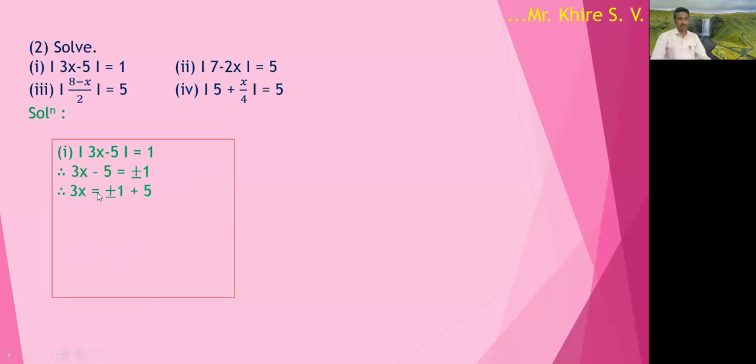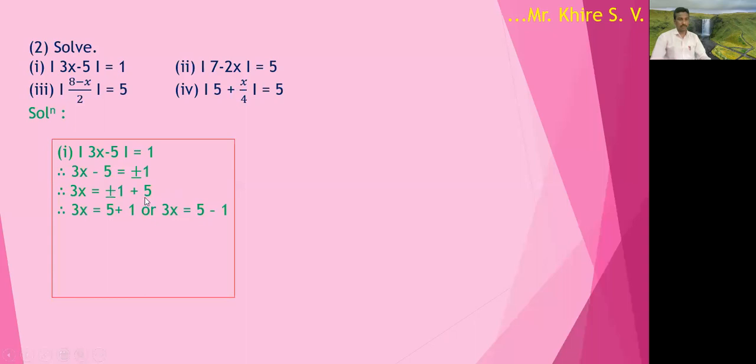Now 3x is equal to plus minus 1. This minus 5 goes to the RHS side, it will become plus 5. Therefore, 3x is equal to 5 plus 1, or 3x is equal to 5 minus 1. Two possibilities are there. One is positive, one is negative 1.